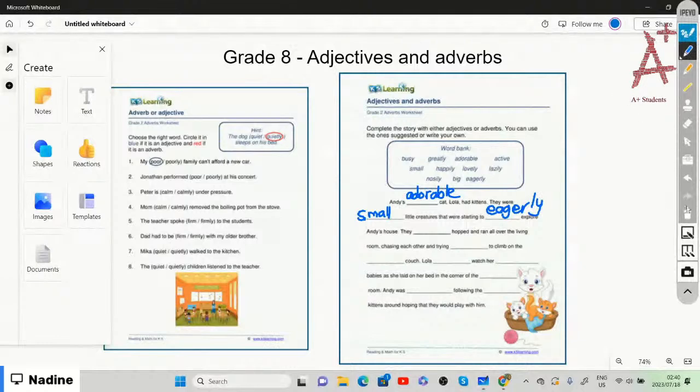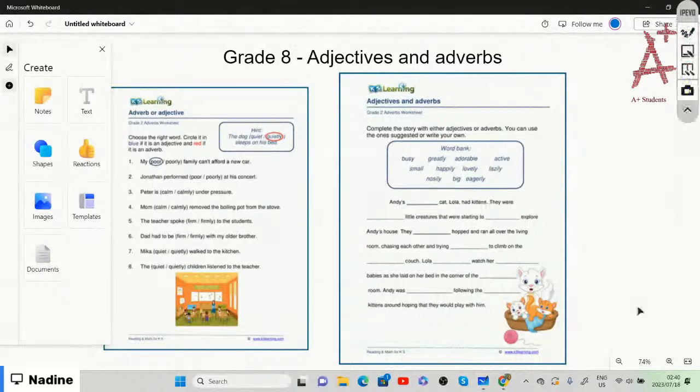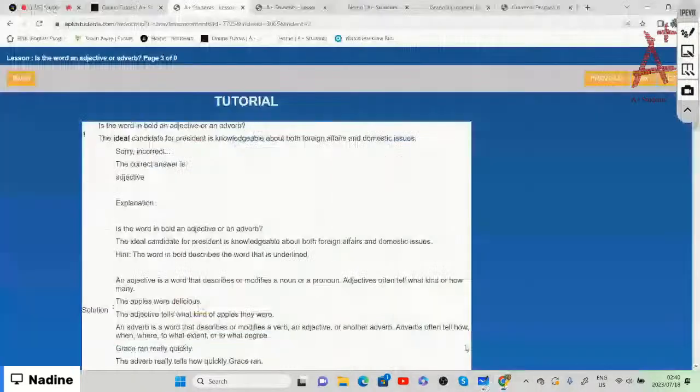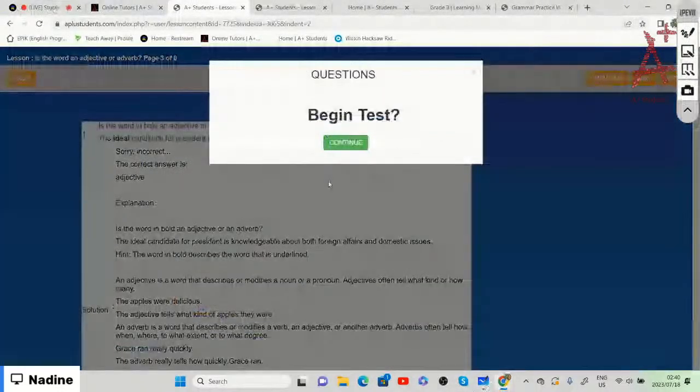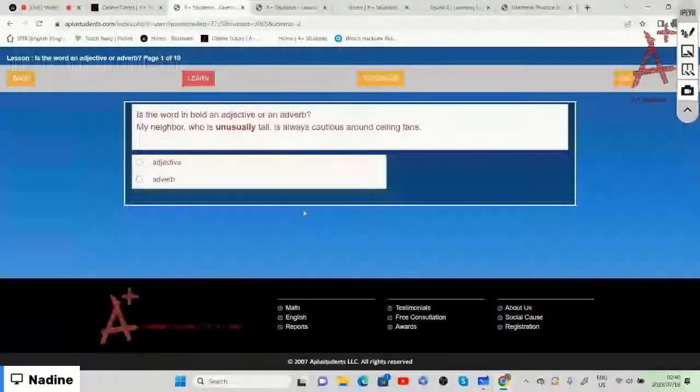All right, so let's go back to our test. If we go back to our tutorial, we're going to go to the test, and now we're going to test ourselves on whether the word is an adjective or an adverb, especially on the lesson that we did earlier.